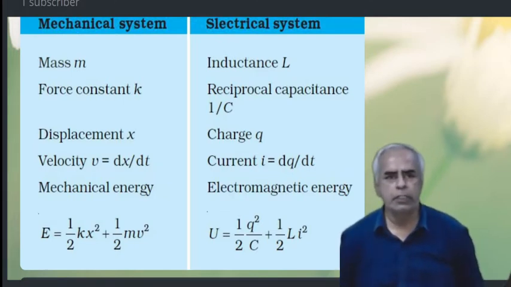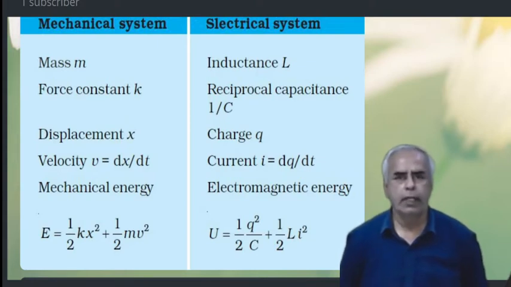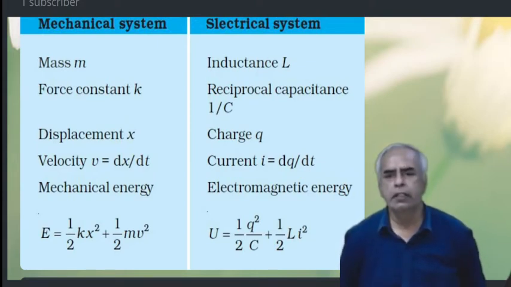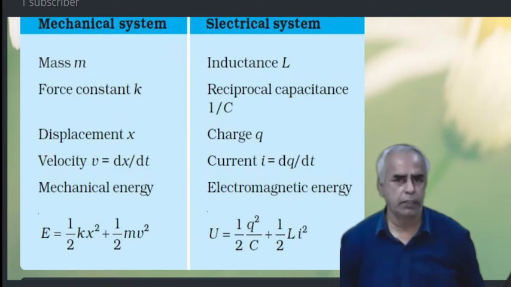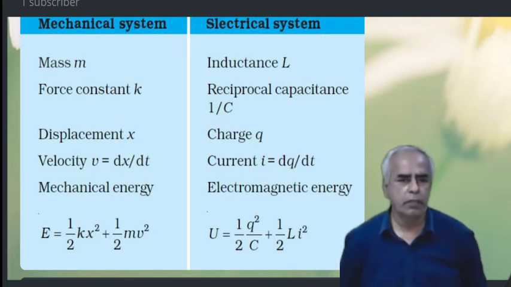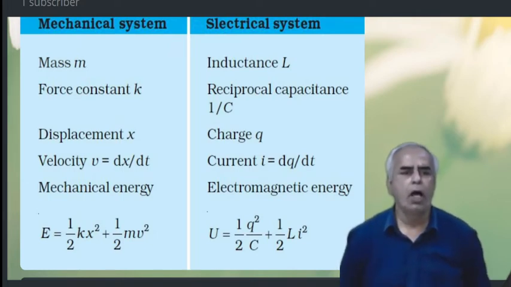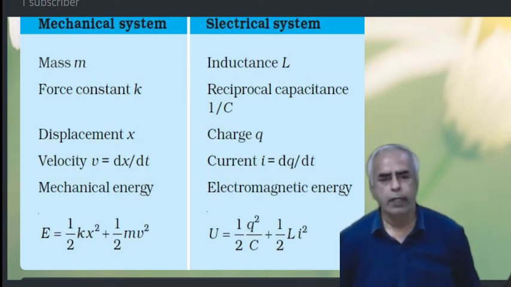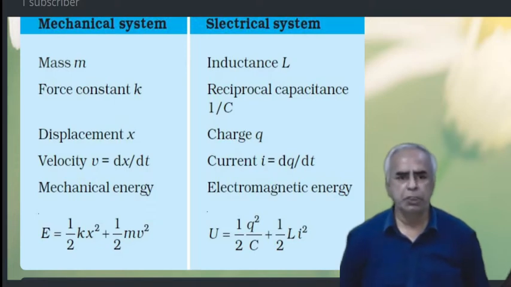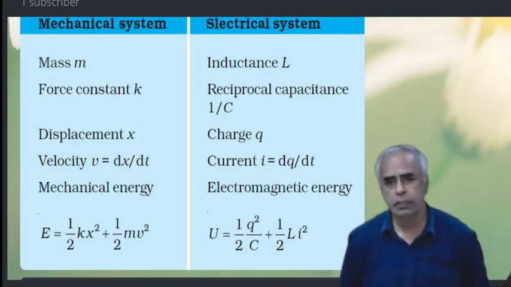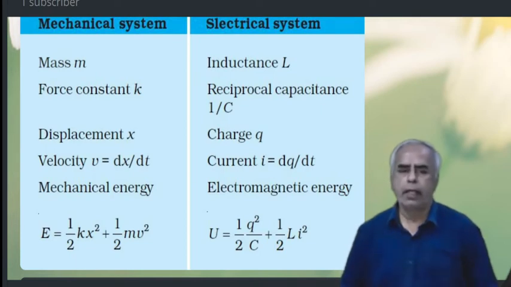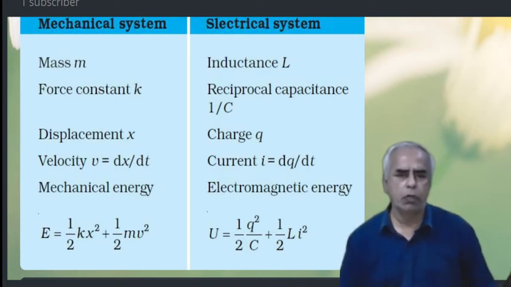Then mechanical energy is stored and dissipated here, and electrical energy is stored and dissipated there. This is given by E equal to half kx squared plus half mv squared, whereas in the electrical system the energy is given as half q squared divided by C plus 1 by 2 L I squared. You know very well about Q. What is Q?